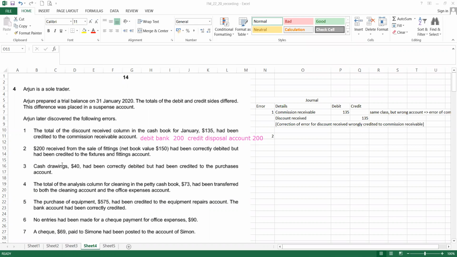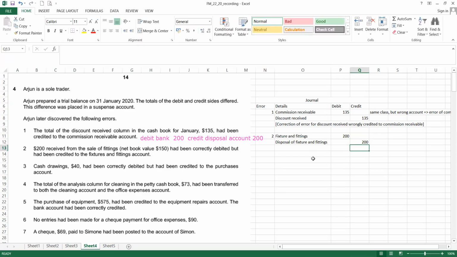So they say that it has been credited to the furniture and fitting. That means the furniture and fitting account is wrong. So we reverse the furniture and fitting, and put into the disposal of fitting. Furniture and fitting account, so the amount 200.